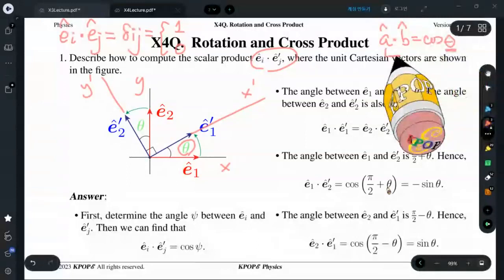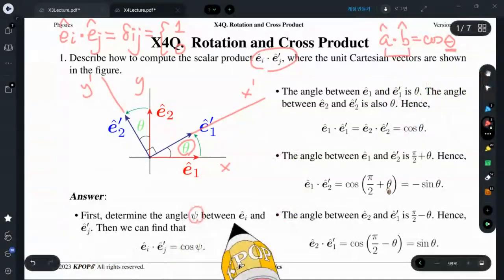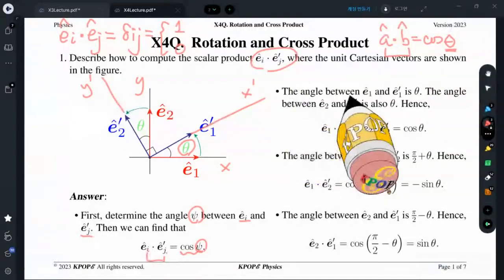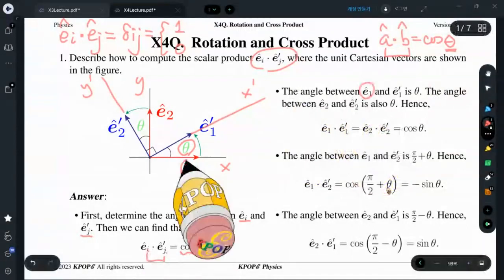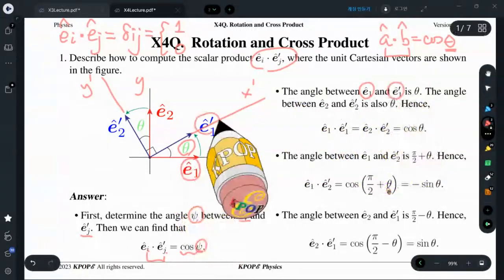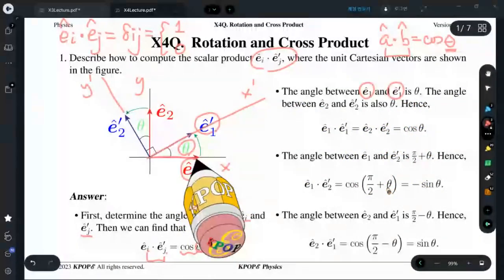Let's see. Determine the angle psi between e_i and e_j prime. That is the angle between these two. It depends on these indices. Let's see. Angle between e1 is here, e1 prime is here. The angle between these two vectors is theta.